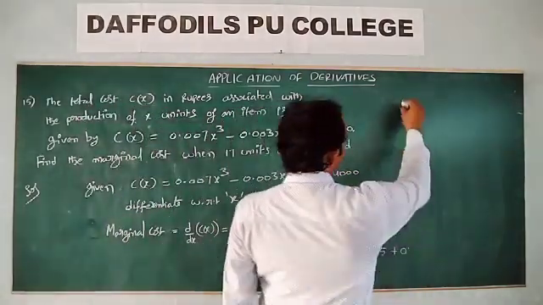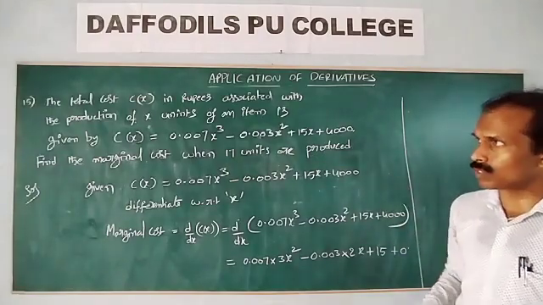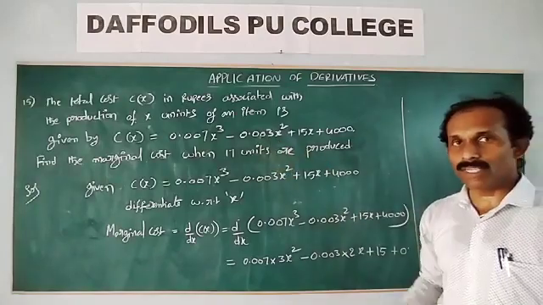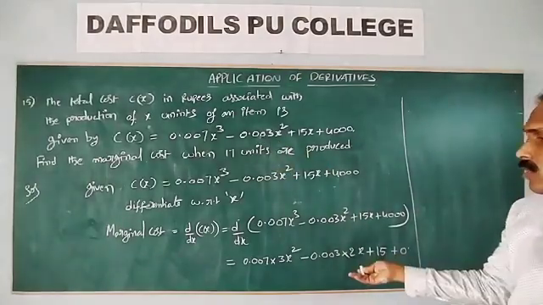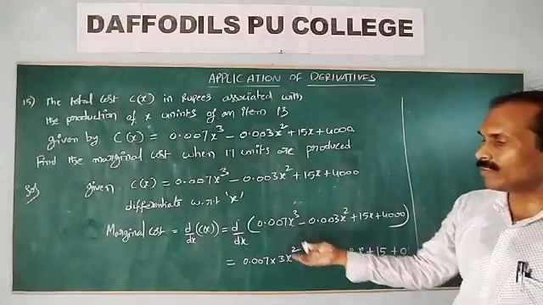Okay, right. So when 17 units are produced, what is the marginal cost? Substitute 17 in place of x, the derivative at that point.